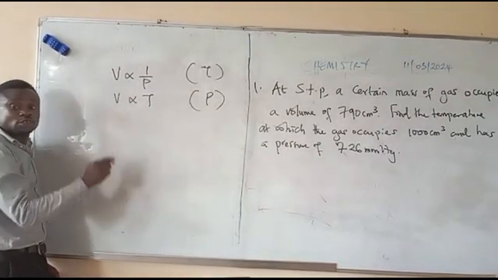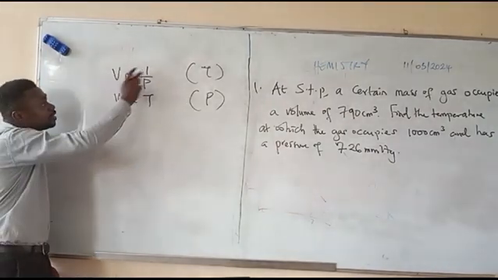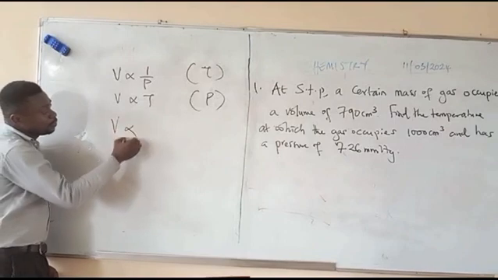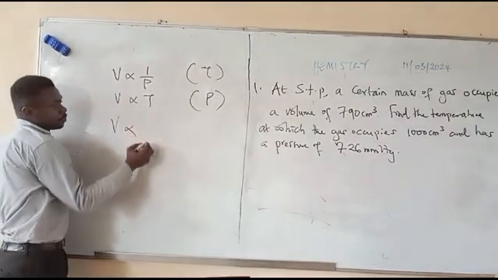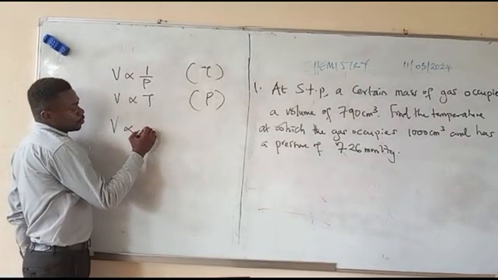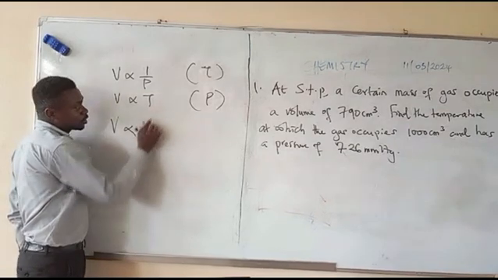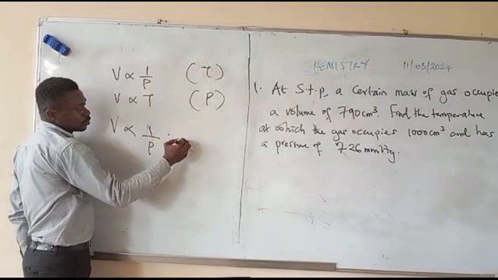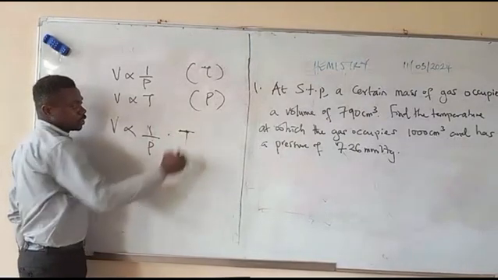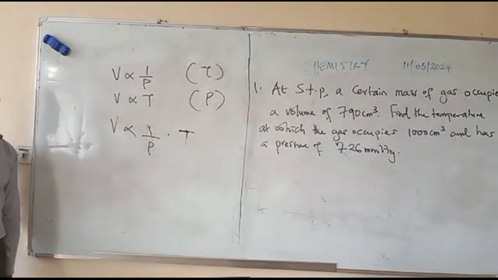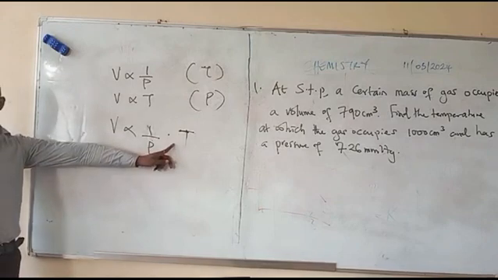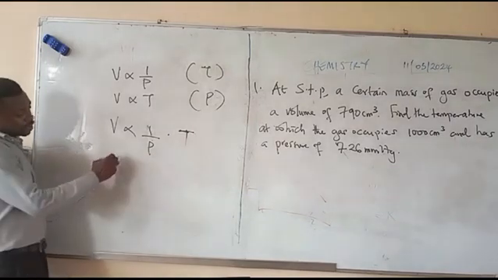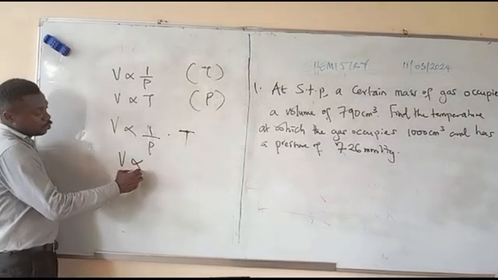So you simply pick one V, proportional to 1 over P, dot T. This dot is multiplication.